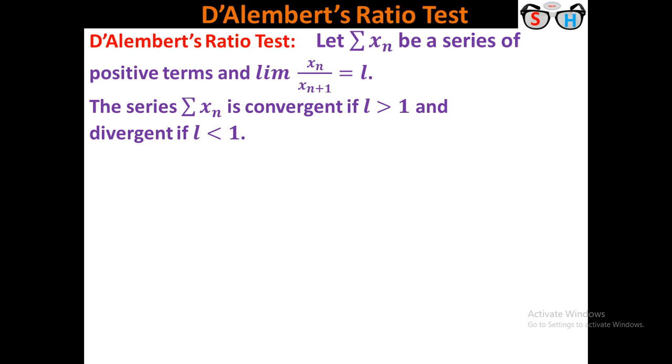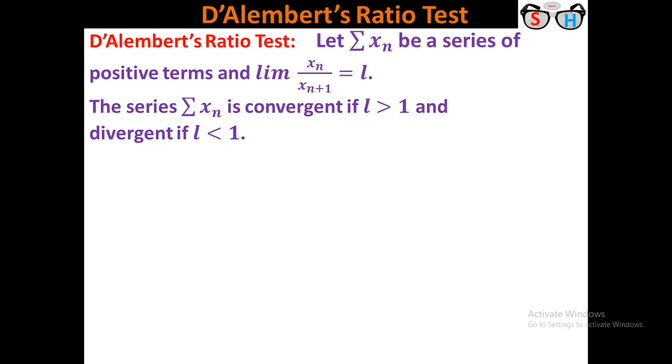Before proving the theorem, I give some concept about the theorem. Just imagine the limit exists, that is, suppose the series is convergent. That means if you add an infinite number of terms, you get a finite result. It happens only if the terms in the series at the end are very small.